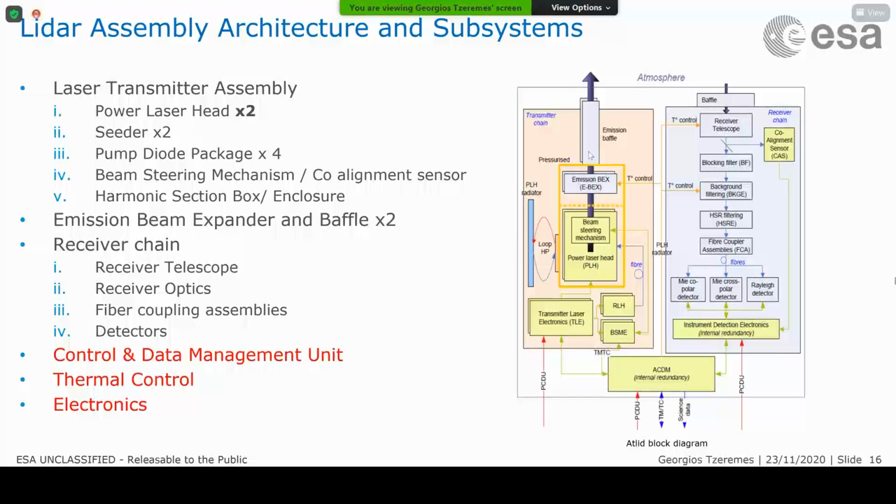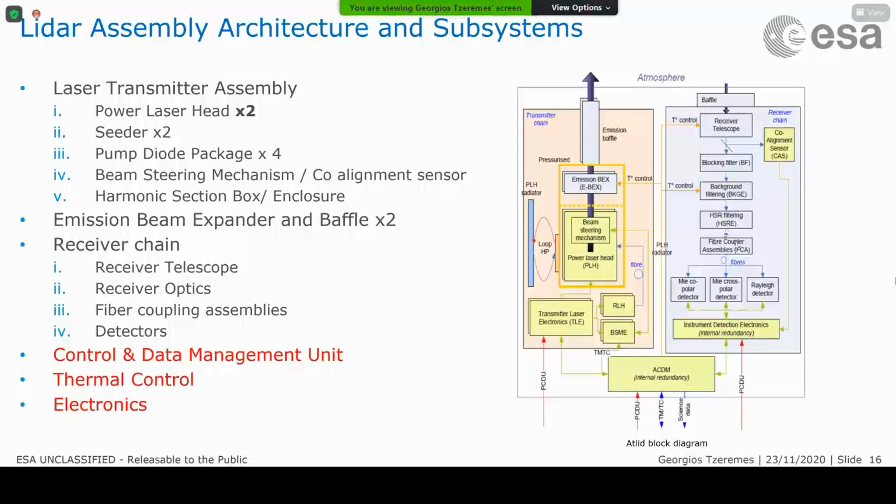In our case, we need an emission baffle, which was an engineering approach to mitigate the vacuum interaction of our window, which is causing contamination on the surface, I'll explain. At the receiving side, we have a baffle again for contamination purposes, the big receiving telescope, and a series of filters to separate 3 channels: the Mie copolar, cross-polar, and the Rayleigh channels.